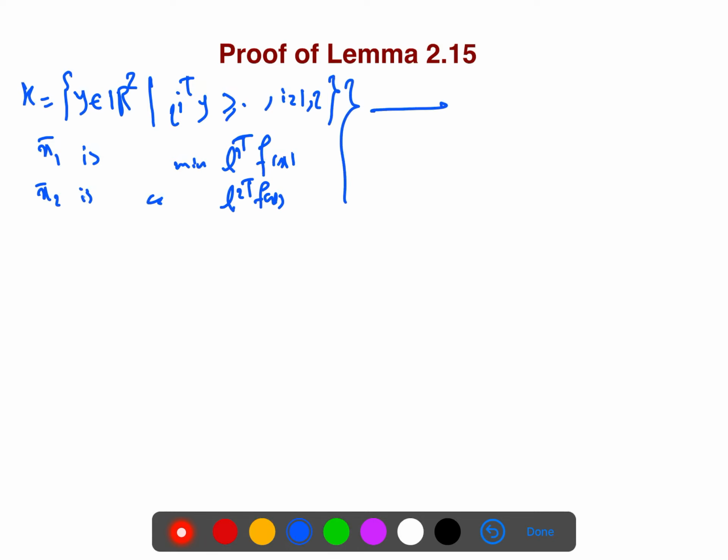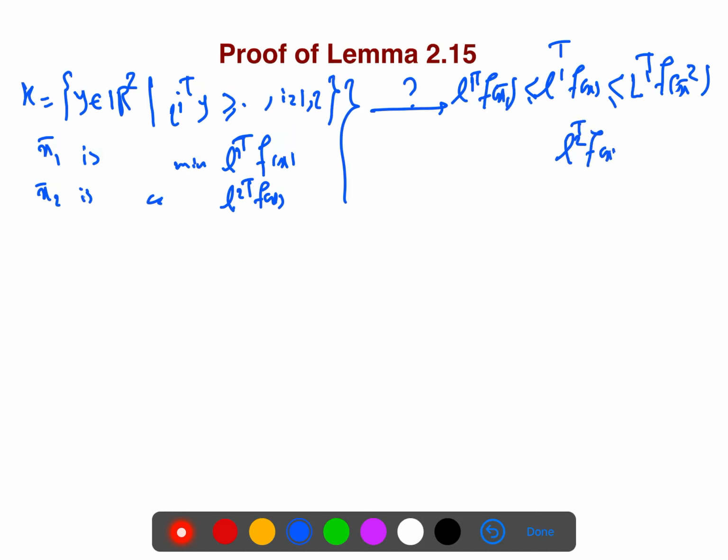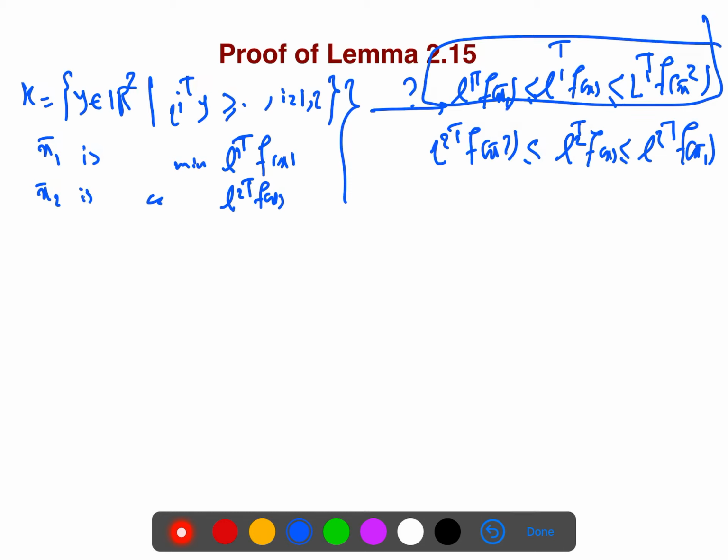So the theorem says prove that L1 transpose f of x is between L1 transpose f of x2 bar and L1 transpose f of x1 bar. And also L2 transpose f of x is between L2 transpose f of x1 bar and L2 transpose f of x2 bar. Because if we prove this, the second one is similar, so I start off by proving the first one.